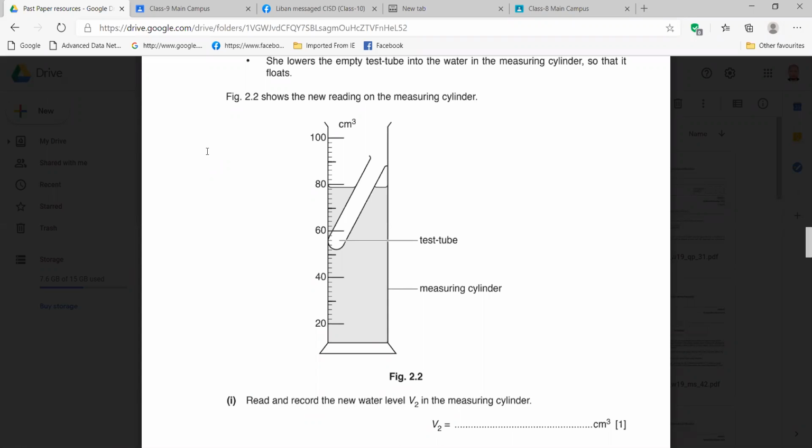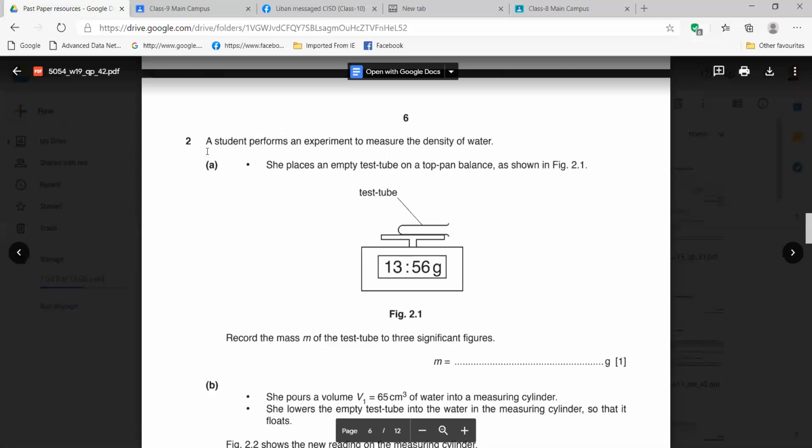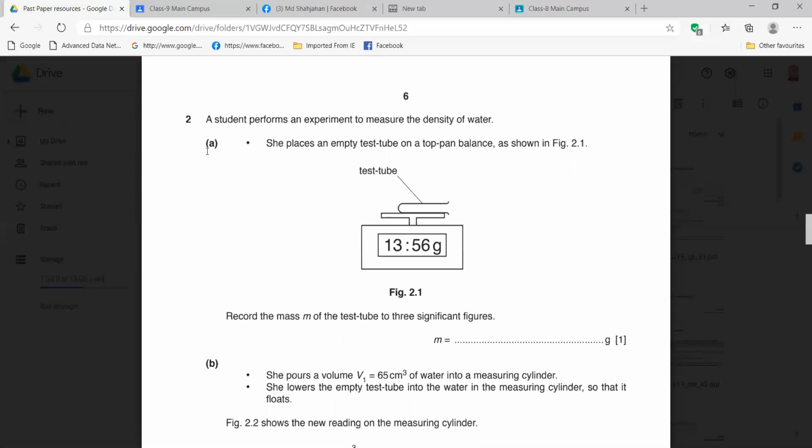No, we do not need to do anything with the test tube mass because here you see, we already got it. She places an empty test tube on a top pan balance.